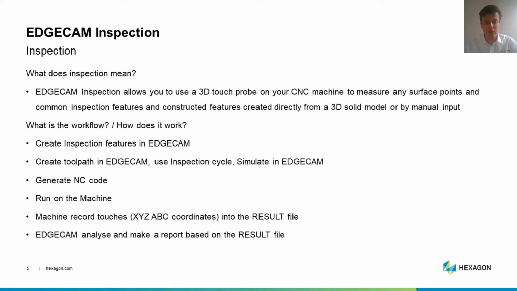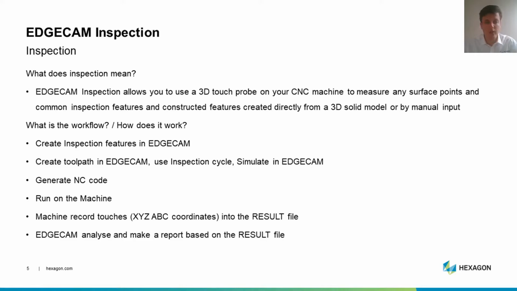What is EDGECAM inspection? EDGECAM inspection allows you to use a 3D touch probe on your CNC machine to measure any surface points and common inspection features and constructed features created directly from a 3D solid model or by manual input. So basically the workflow in EDGECAM: you open the 3D solid, you create inspection features directly from the solid, you create the toolpath using the new inspection cycle, you define the calibration method, the feeds, rapid position feed, touch feeds, and then once your cycle is created, simulated and saved, you generate the NC code and run it on the machine.